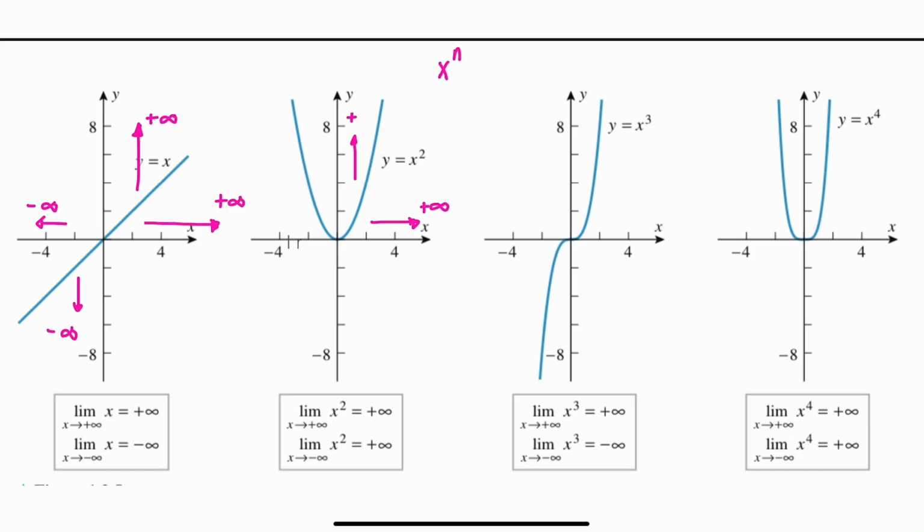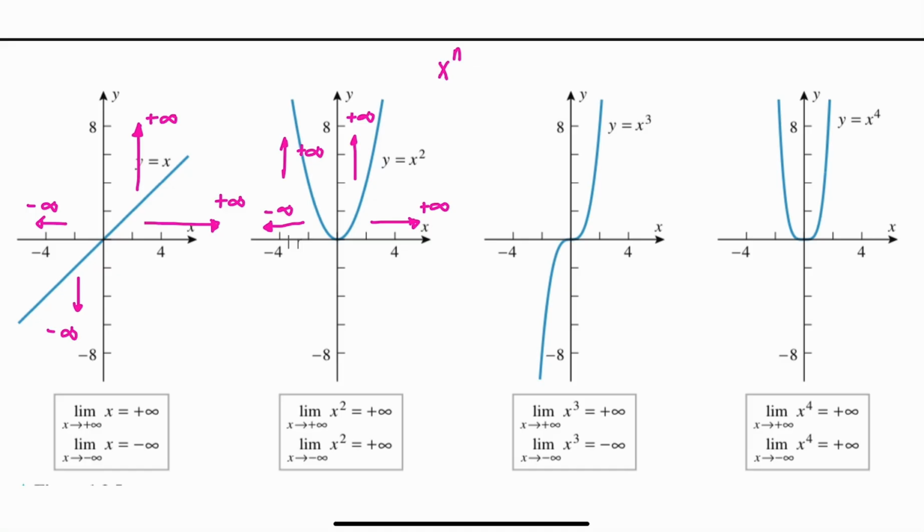The limit of x squared as x approaches positive infinity is also positive infinity. But if the value of x decreases without bound towards the left, negative infinity, the value of y is still increasing. So the limit of x squared as x approaches negative infinity is still positive infinity.